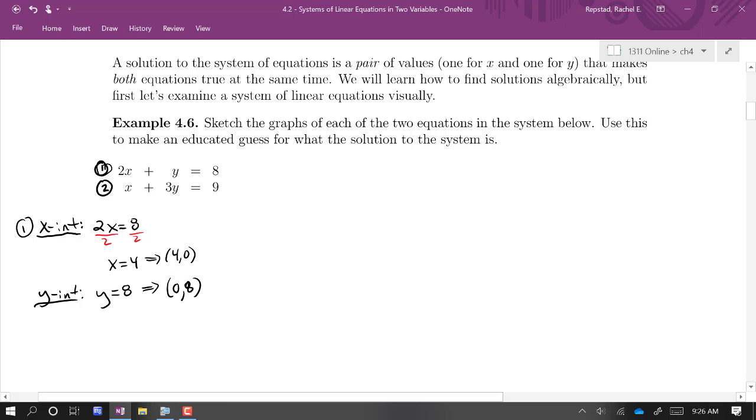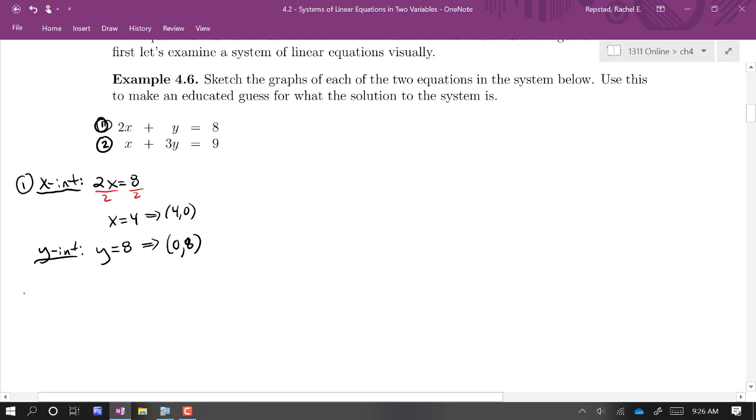Now before I graph this line, I'm actually going to get the intercepts for the other line first, because I want to make sure that when I sketch it out, I know exactly where the intercepts for both lines are, so that I can use an appropriate scale. So let's work with the second equation. To find the x-intercept, we set y equal to 0, and when we do that in the second equation, we get the equation x equals 9.